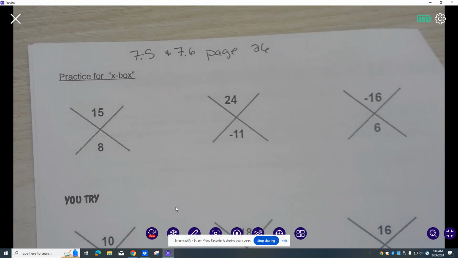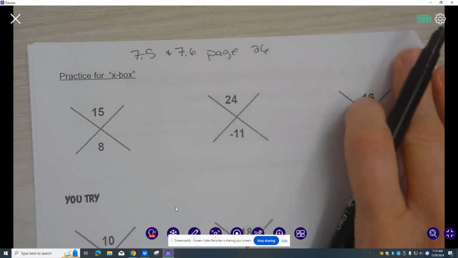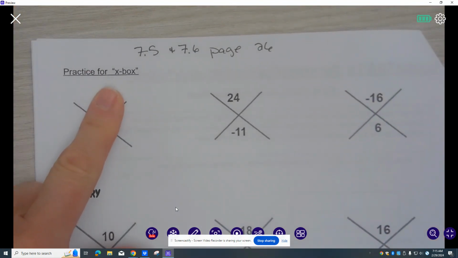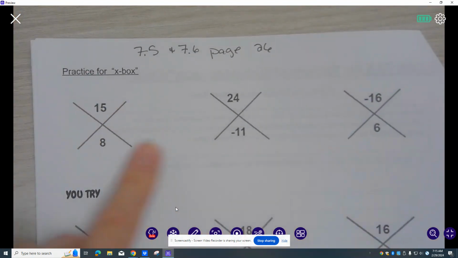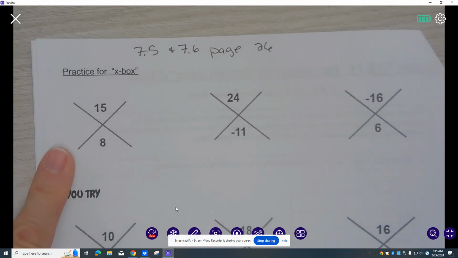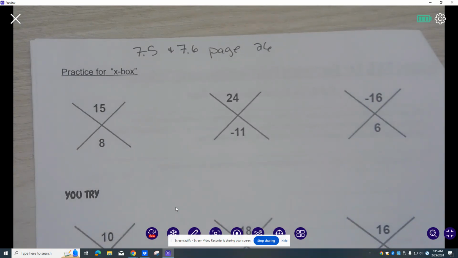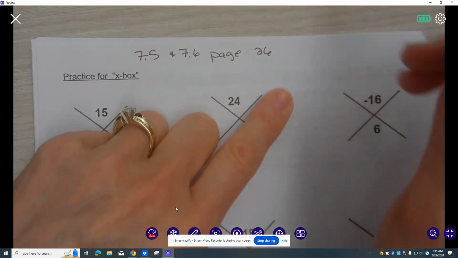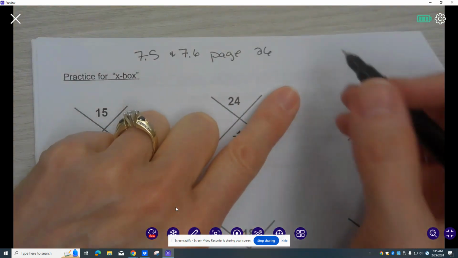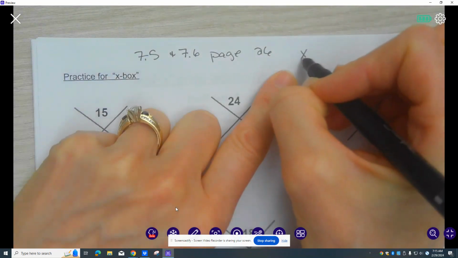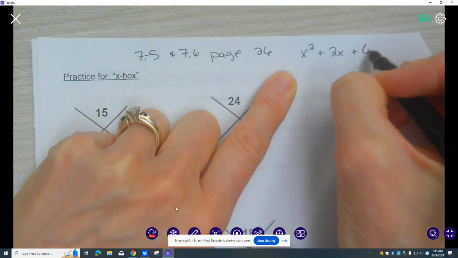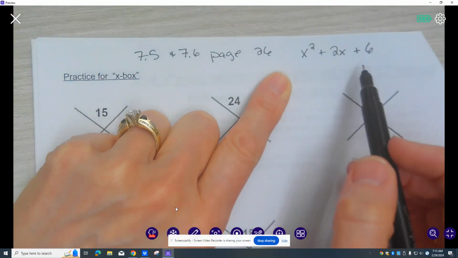So the factoring method we use for 7.5 and 7.6 is called Xbox. The first step in doing an Xbox problem is doing the X. I also want to quickly say for Xbox, we're going to be factoring mainly trinomials that would look similar to this.